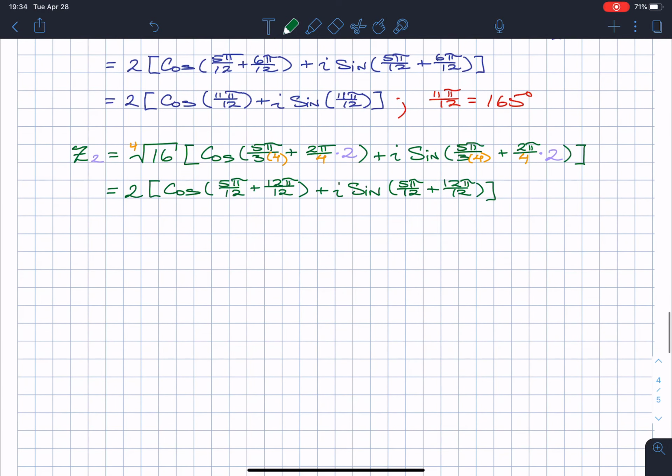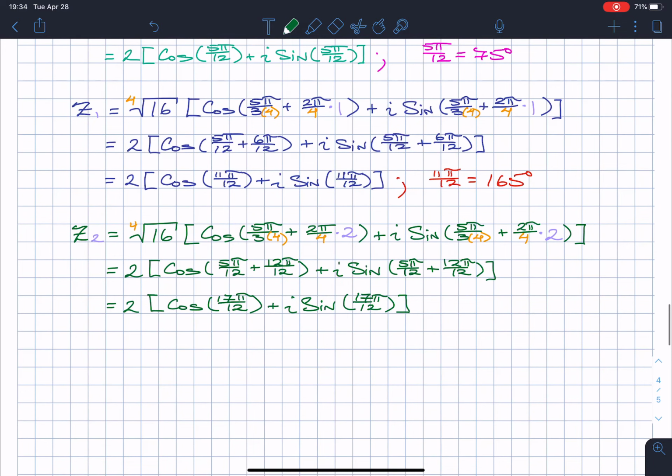So that gives us 17 pi over 12. So this is cosine of 17 pi over 12 plus i times sine of 17 pi over 12. Okay.